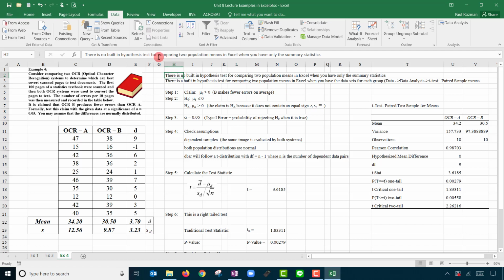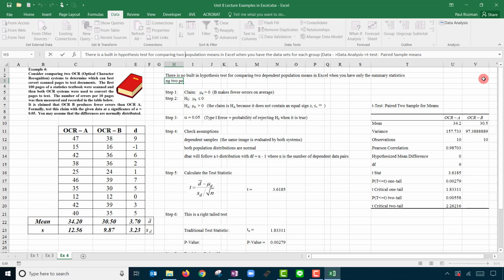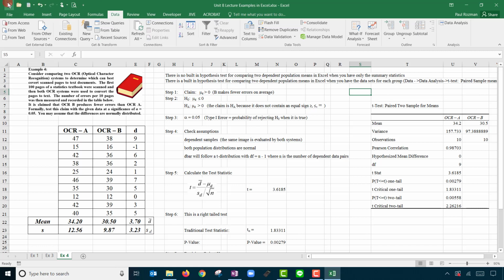And I'm going to change this to say dependent. And same with this one. There. Now this template's all set up and we did it in our video.